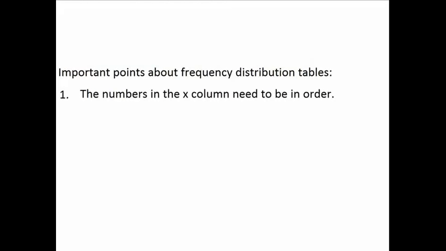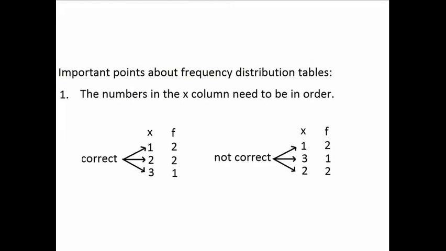One important point is that the numbers in the X column have to be in order. This is the table that we created with our first data set. So notice how we put the numbers in the X column in order. It goes 1, 2, and then 3. This is the correct way to create a frequency distribution table.